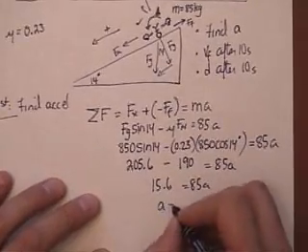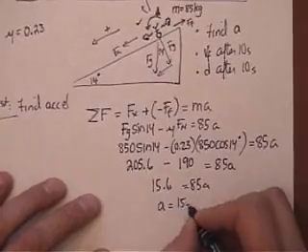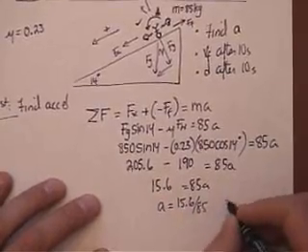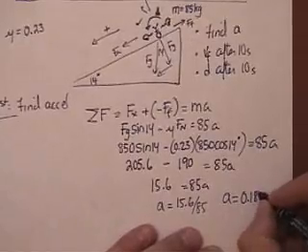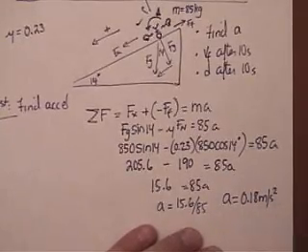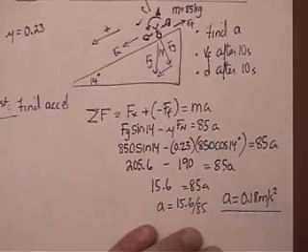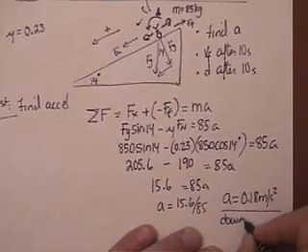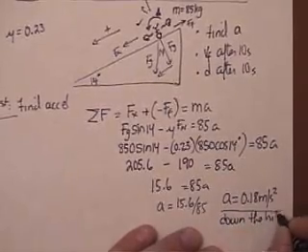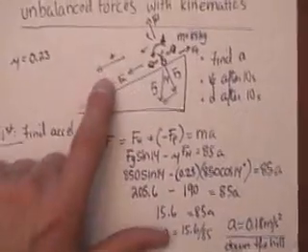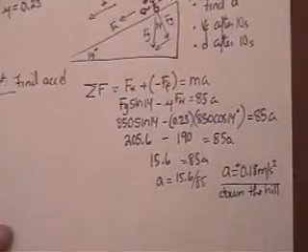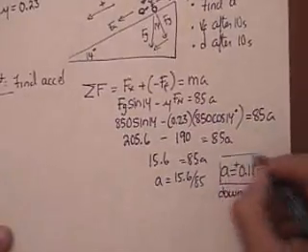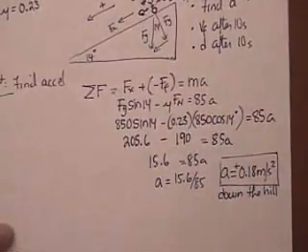And your acceleration, once you figure that out, 15.6 divided by 85, you're going to get an acceleration of, it's really small, 0.18 meters per second squared. That is going down the hill. You can call it down the hill, but we've also said that down the hill is positive, so if you'd like, you can call that positive. It's up to you. That answers part one.